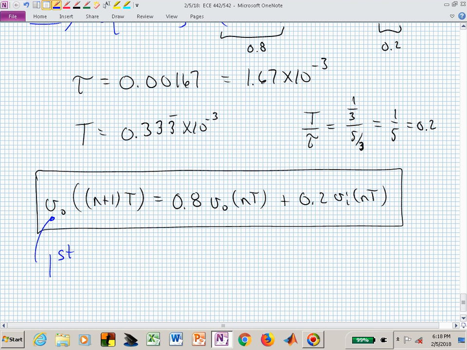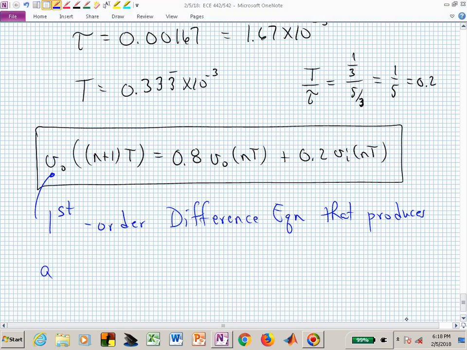Everybody knows that's a first order difference equation. We have just one time shift of the dependent variable V naught. So this is a first order difference equation that produces a low-pass filter with a bandwidth of approximately 100 hertz.